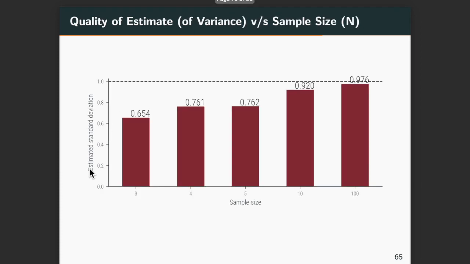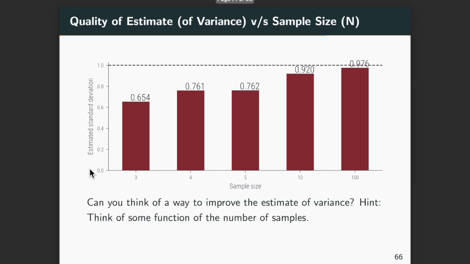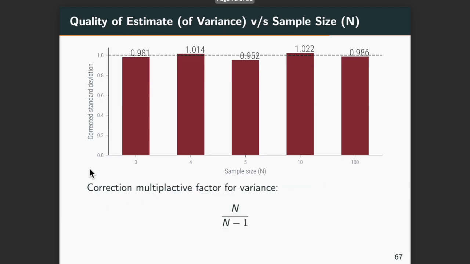And then we saw that if we look at the estimated standard deviation, it seems to be a function of n. As we increase n, the estimated standard deviation gets closer to the true value. And we said that perhaps there is a simple function which we can use to transform this estimated standard deviation into the corrected standard deviation, or the population standard deviation. That turned out to be n divided by n minus 1. So if we do the n by n minus 1 correction factor, we get a very nice corrected standard deviation.